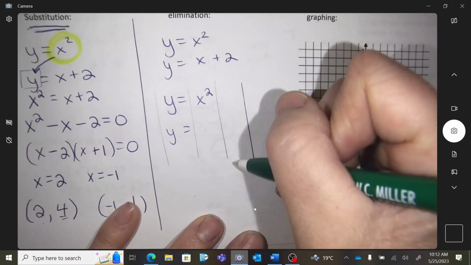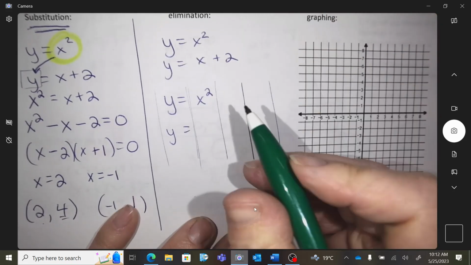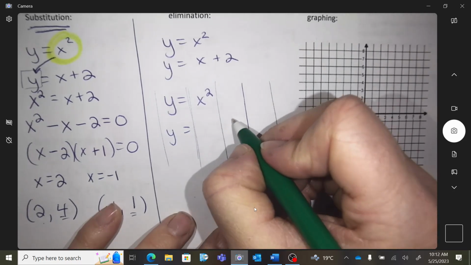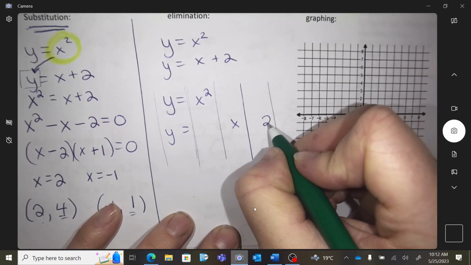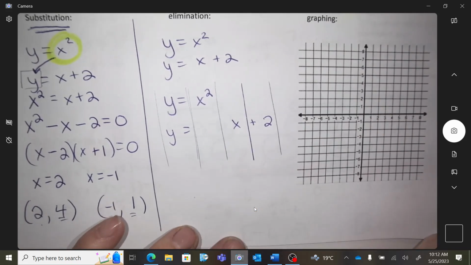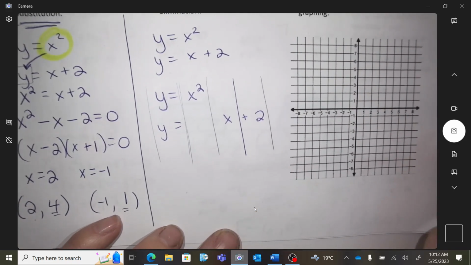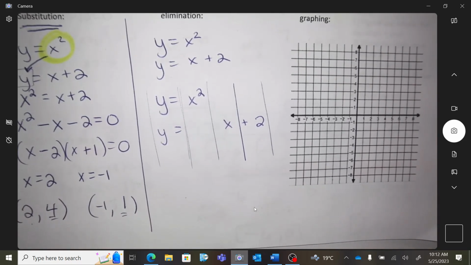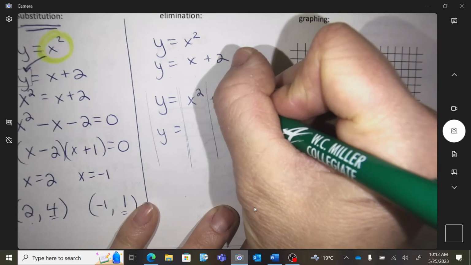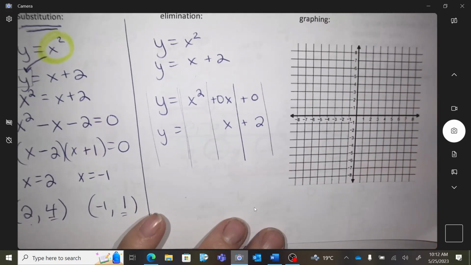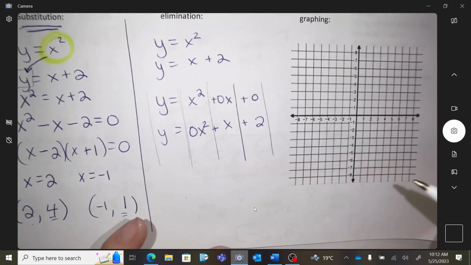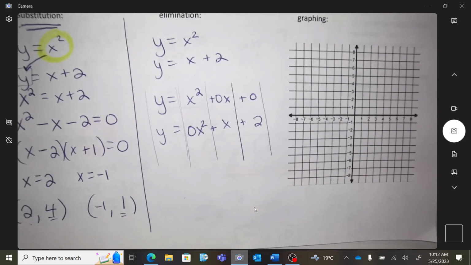We'll call this the x column, we'll call this the number column. Okay, so I'm arranging it in my columns. Are you okay if I just write 0x and 0? I'm also going to write 0x squared, just so I have a place in every column.